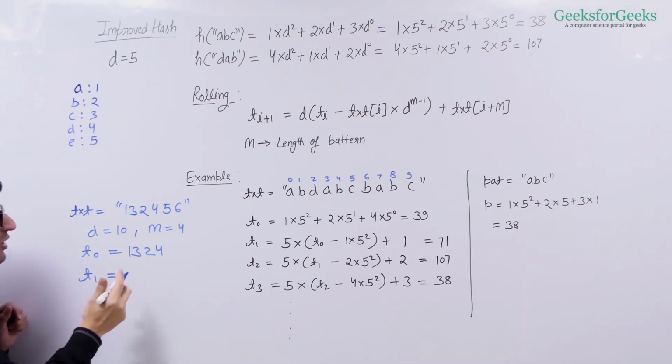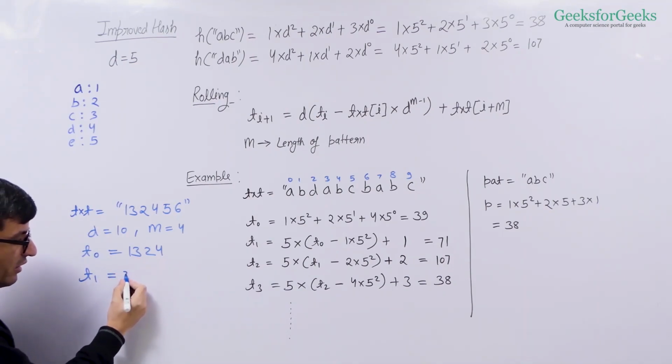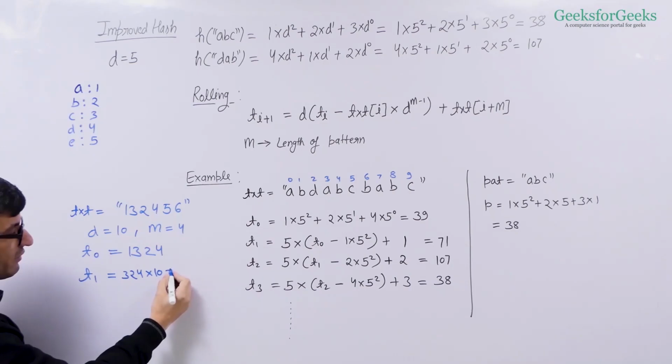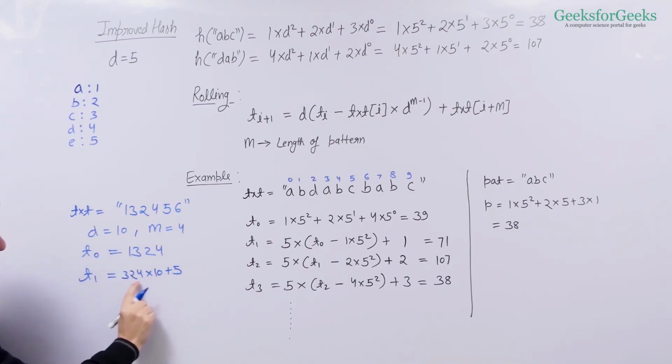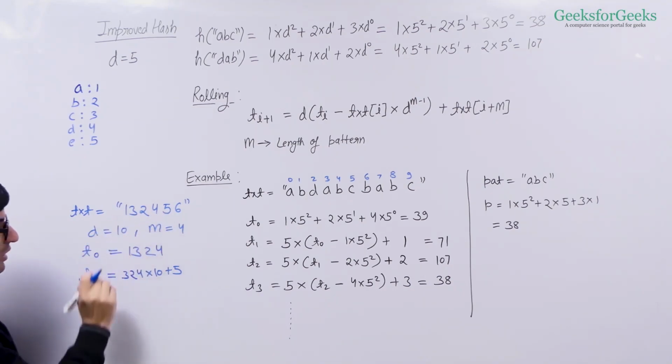How do we get this value? We are simply going to take the last 3 digits of this, right? The decimal value corresponding to the last 3 digits, multiply it with 10, and then add 5. That's what we want, 3245. Now, how do I write this formally so that I can convert this number into this number?